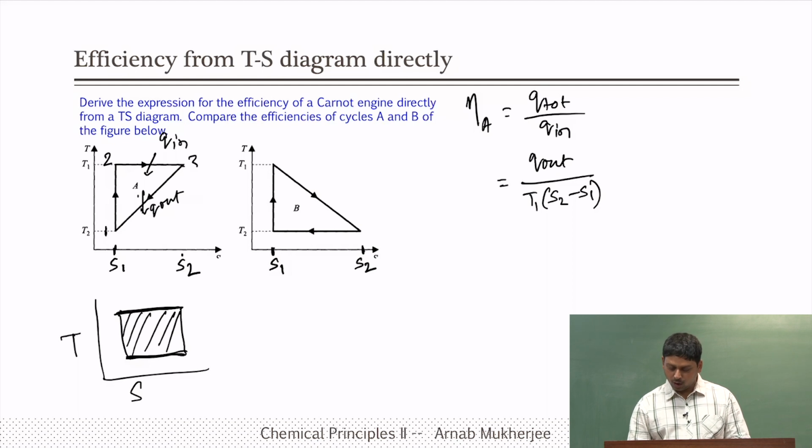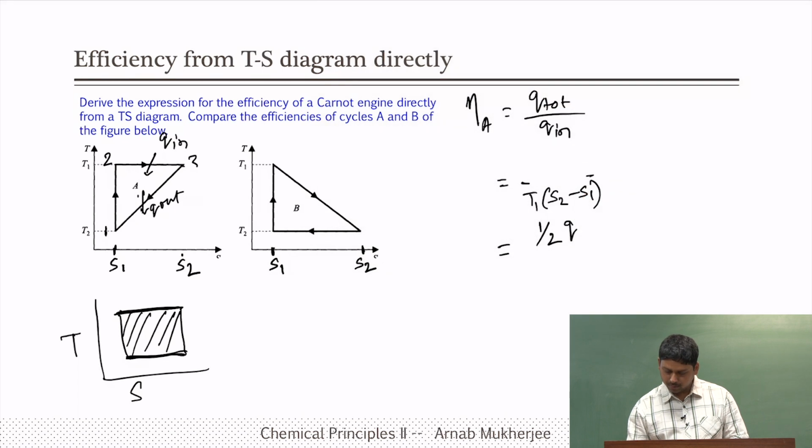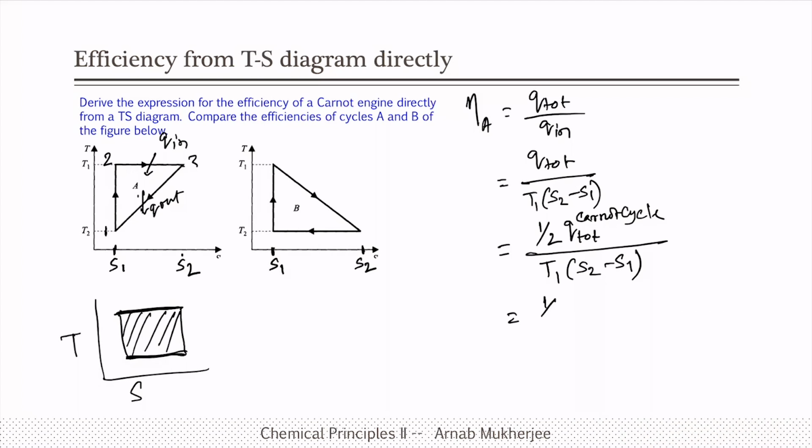So, here the Q tot is half of the Q tot of the Carnot cycle, divided by T 1 times S 2 minus S 1. So, now what was the Q tot of the Carnot cycle?